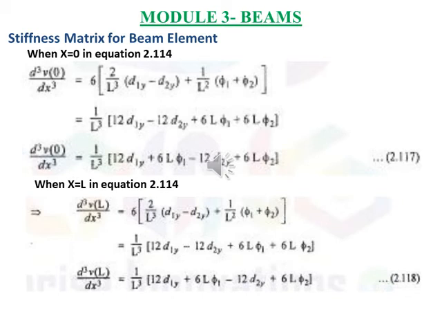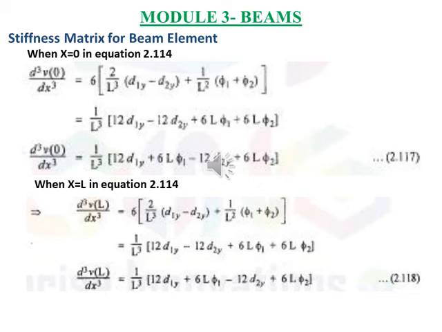So if I further put x is equal to L in equation 2.114, I can rewrite the equation as del cube of mu of L by dx cube is equal to 6 into 2 by L cube into d1y minus d2y plus 1 by L square into phi 1 plus phi 2, which I can further rewrite as 1 by L cube into 12 d1y minus 12 d2y plus 6L phi 1 plus 6L phi 2.